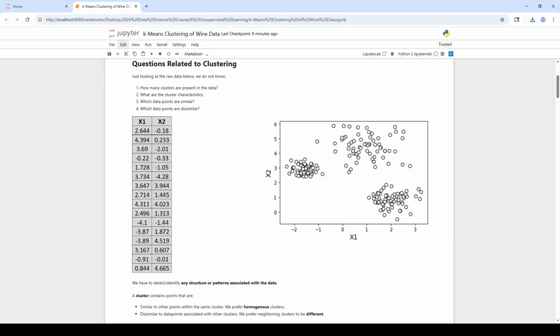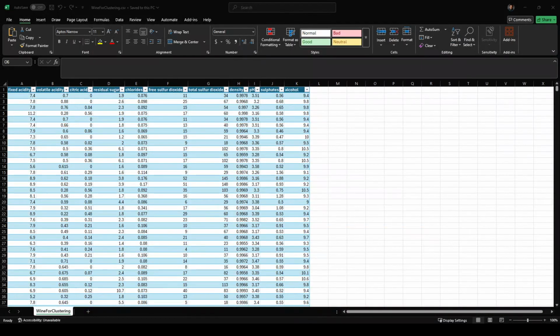An example of such a data set might be something that looks like this data set over here, where I have fixed acidity, volatile acidity, citric acid, residual sugar, chlorides, free sulfur dioxide, total sulfur dioxide, density, pH, sulfates, and alcohol content.